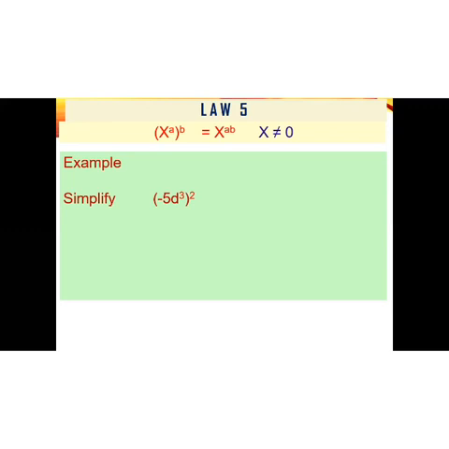So we have here minus 5 squared and then d cubed squared. So minus 5, all squared now means minus 5 times minus 5, because the square also affects the minus sign. So that gives us 25, and d cubed squared means we're going to do a multiplication of the powers of the exponents.